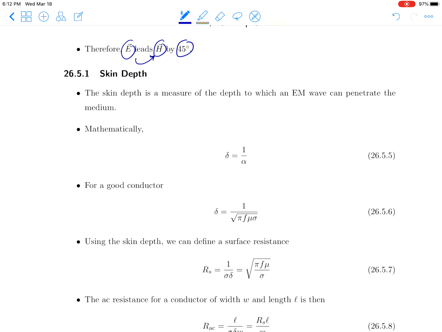The last topic that I want to talk about is skin depth. Skin depth is a measure of the depth to which an electromagnetic wave can penetrate the medium. Remember from the previous video that if the magnitude of the electric field is E0 at the surface, then the electric field will be attenuated as it propagates.